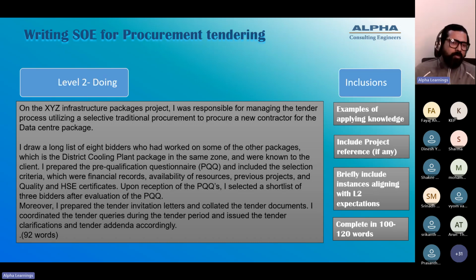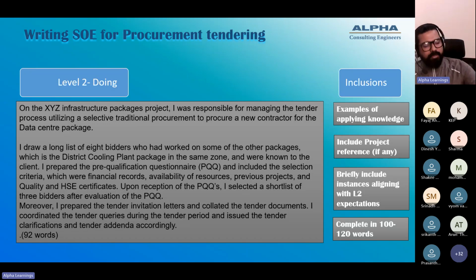Then how the candidate has done it is described a little bit. So this is evidence that the candidate has reached level 2 in this particular competency.